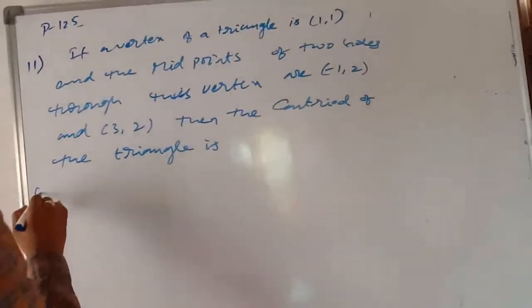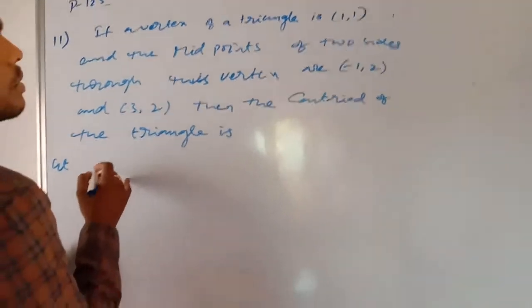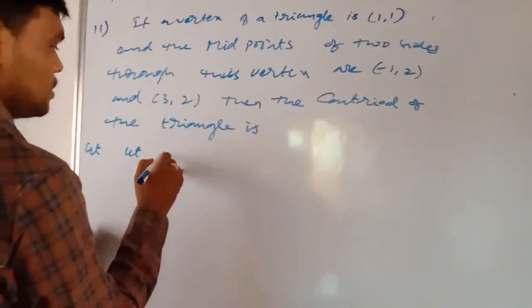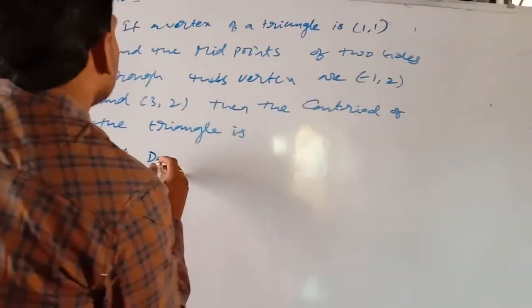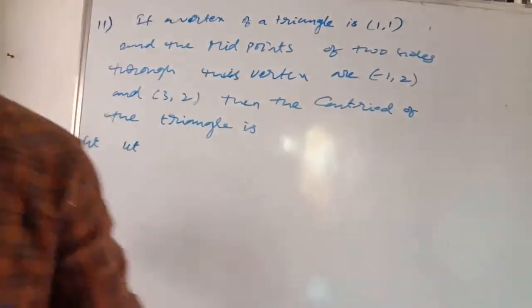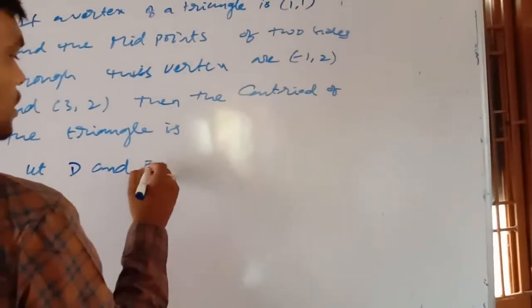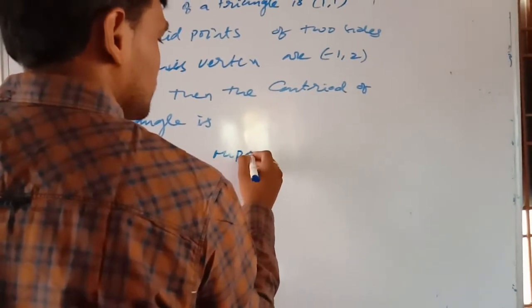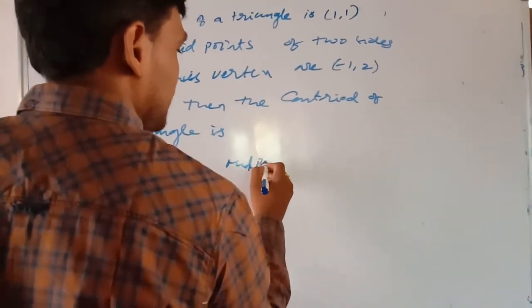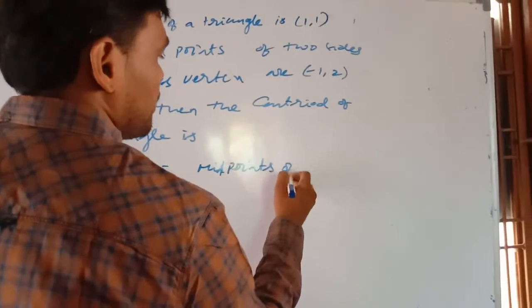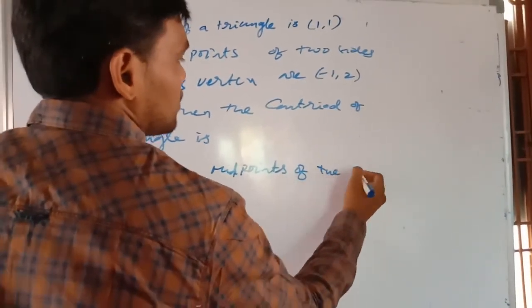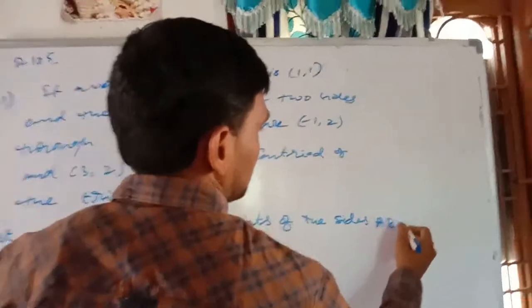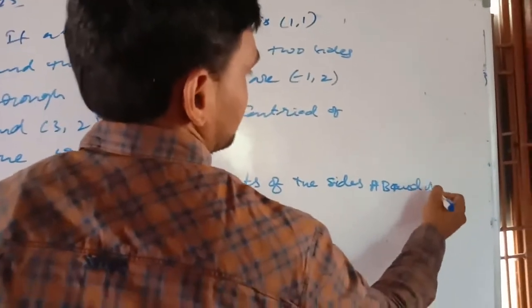Now here, let A be the vertex, and let D and E be the midpoints of the sides AB and AC.